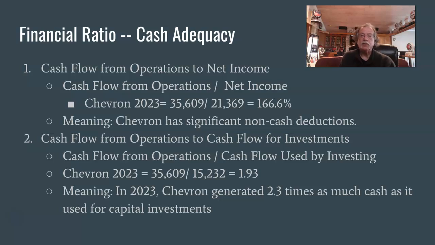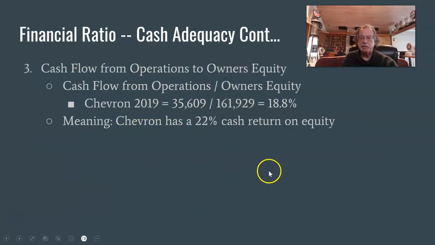So what are they doing with that money? And is it sustainable? Analysts that are looking at companies as good investments look at this number quite a bit. Cash flow from operations to owner's equity gives you an idea of the cash return on equity versus the earnings return on equity.